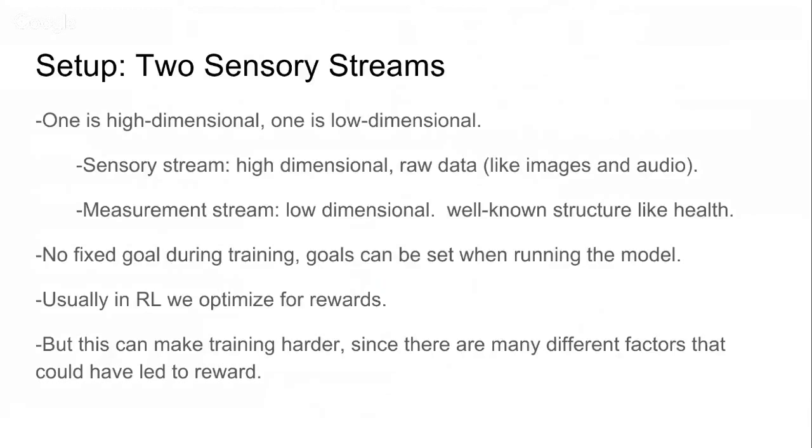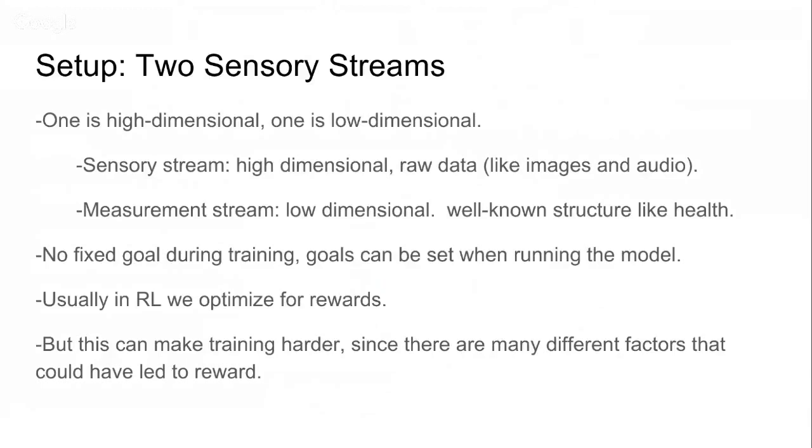And the measurement stream is something low dimensional, something that has a very well-known structure that maybe you want to maximize. So for example, it might be something like health in a game or speed in a racing game. And the structure of the sensory stream and the measurement stream is always assumed to be fixed in this paper. It's not something that's learned or dynamic.